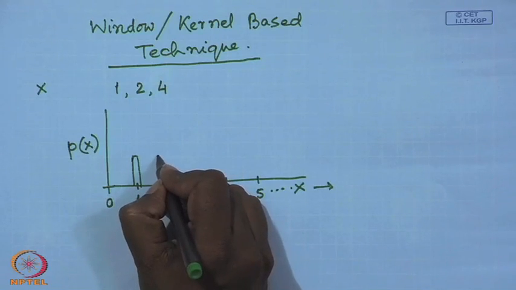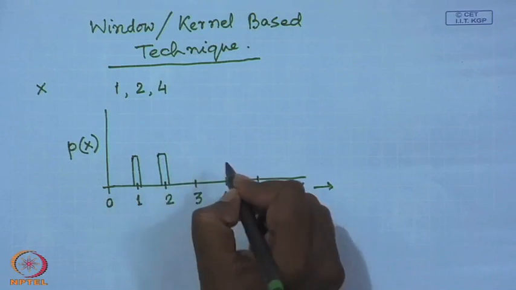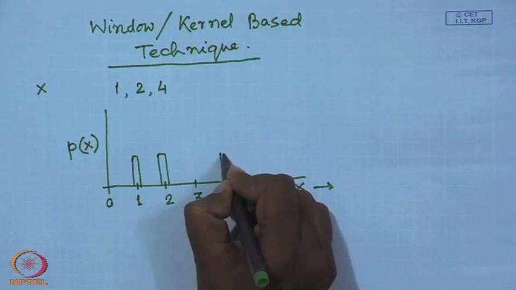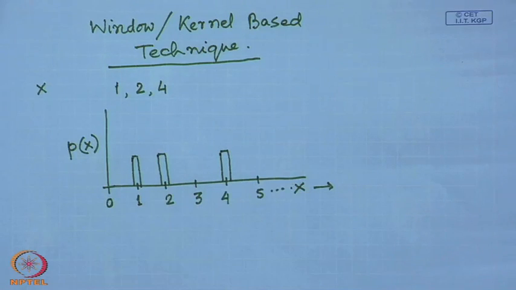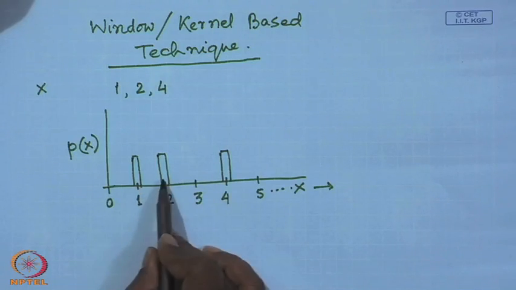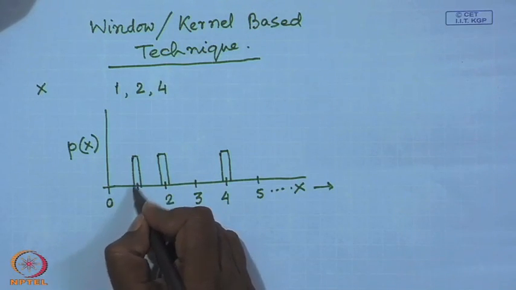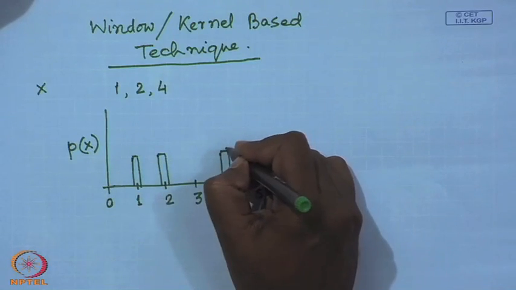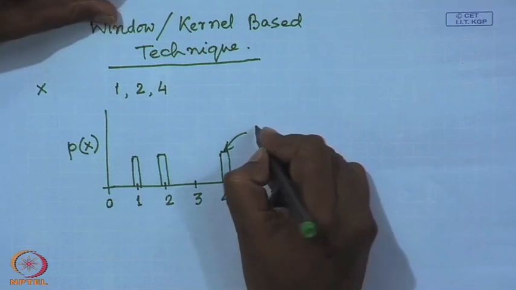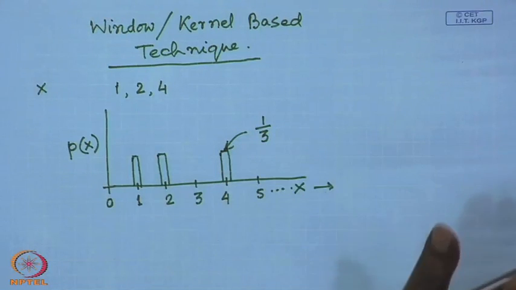Similarly, at 2 it has a probability density estimate something like this. At 4 it also has a probability density estimate something like this. And the total area of these 3 delta functions has to be equal to 1. That clearly means that the area of each of these probability density functions has to be 1/3, because we have 3 such delta functions.